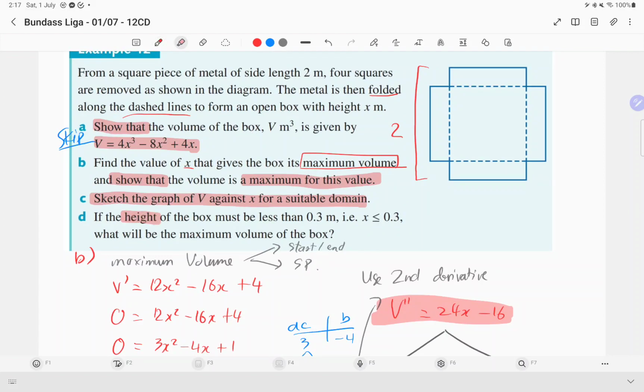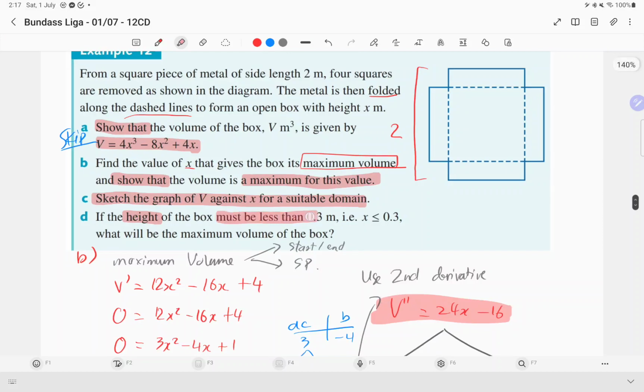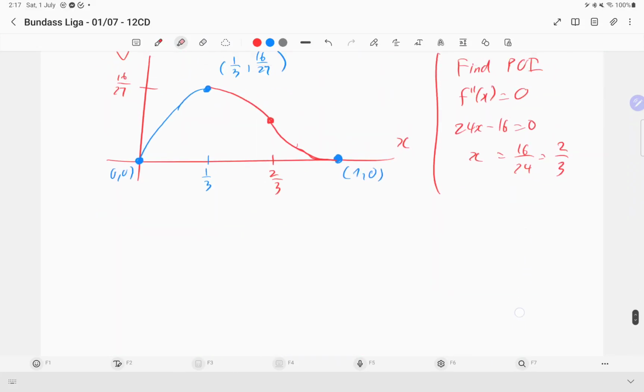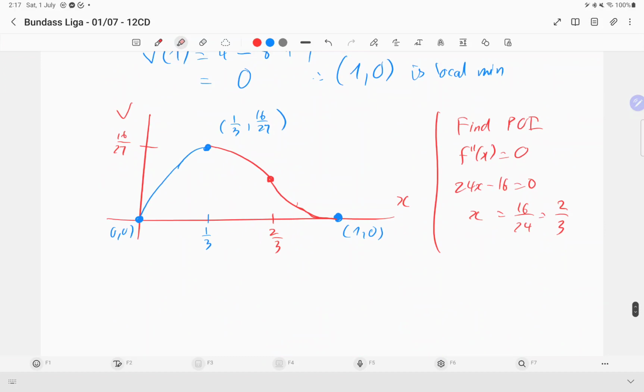Now, the height must be less than 0.3. Okay? So x is less than 0.3. What would be the maximum volume? What do you think? Looking at this graph here. If the height is maximum 0.3, how do we get the maximum volume?